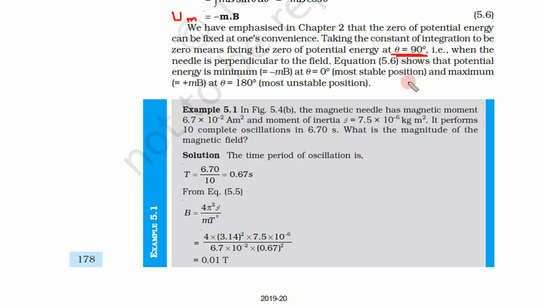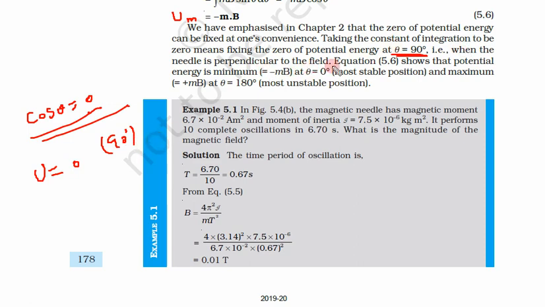Only at theta equal to 90 degree, because at 90 degree cos theta is equal to 0. So what is the zero case? 90 degree, when the needle is perpendicular to the field. So if the needle and field are perpendicular, the potential energy will be 0 for 90 degree.